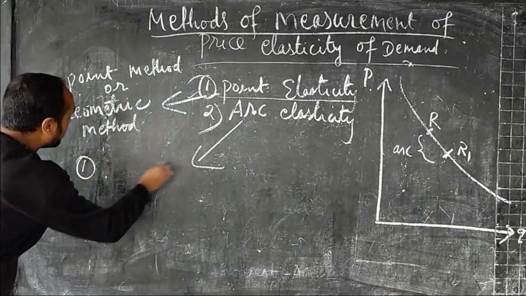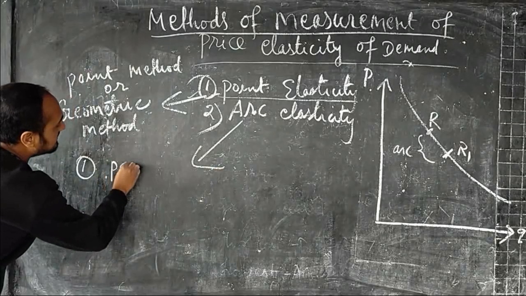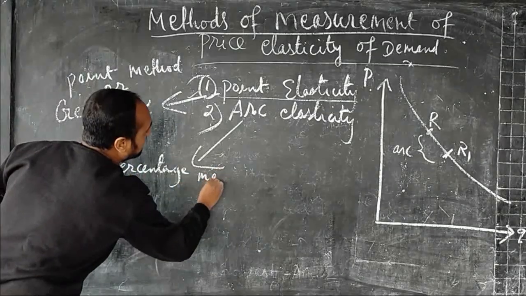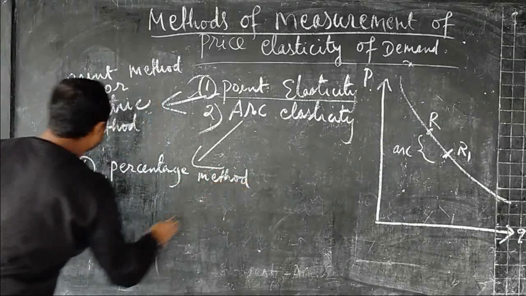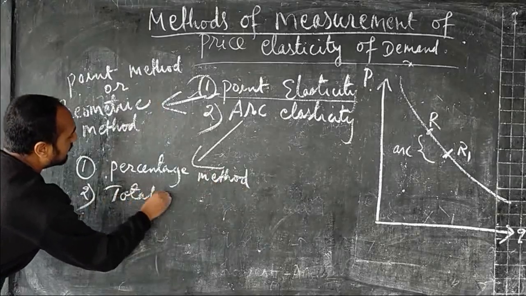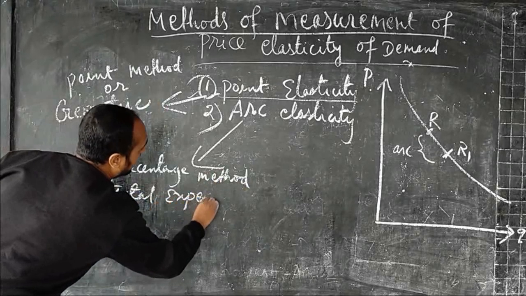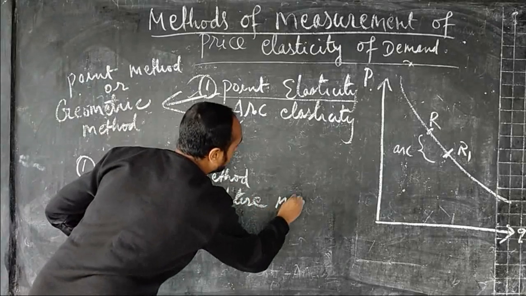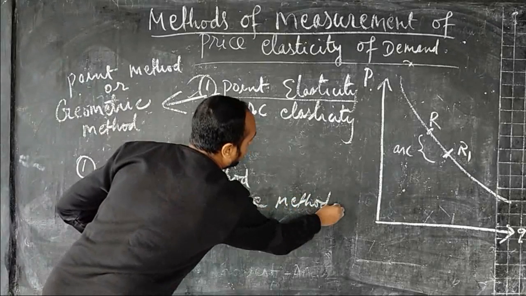Number one, we have percentage method, and number two we have total expenditure method.